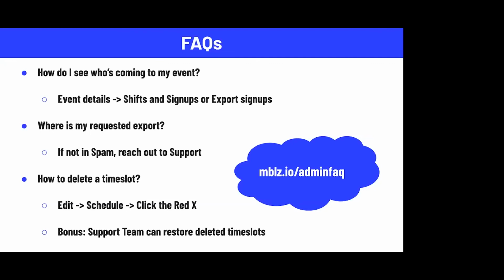Now, we know mistakes happen, and unfortunately, time slots can't be restored on your end yet, but very simply, you can direct yourself or your team to reach out to support, and we will restore those time slots for you. Again, please refer to the link for these answers as well as many more. Next, please.